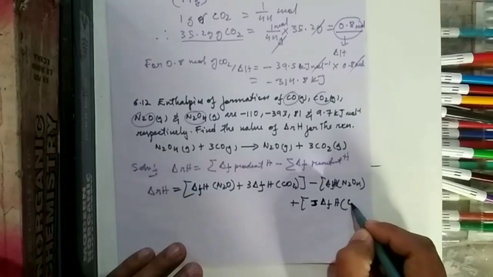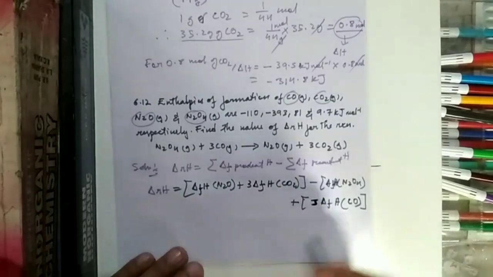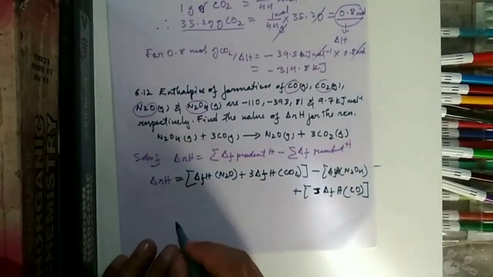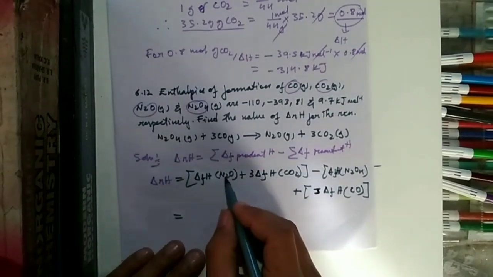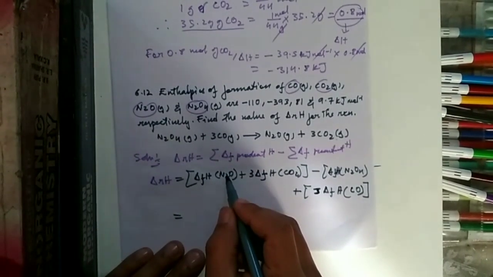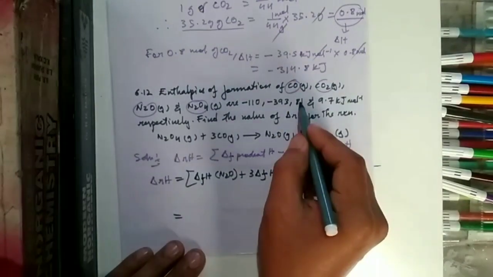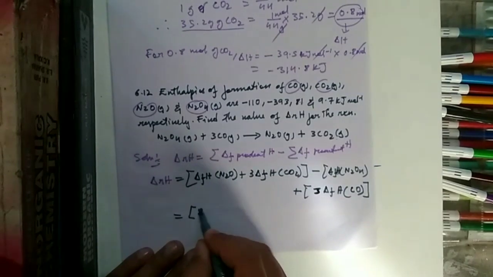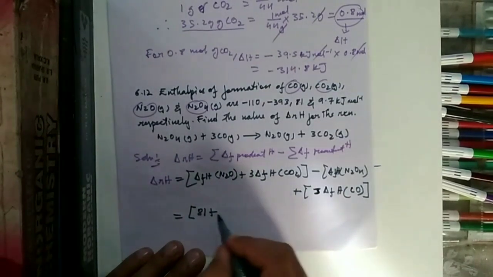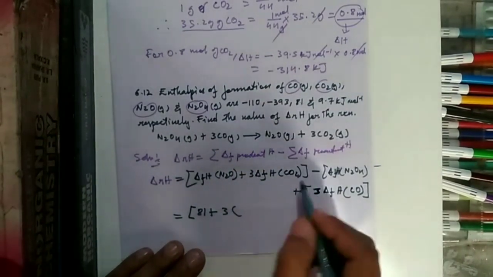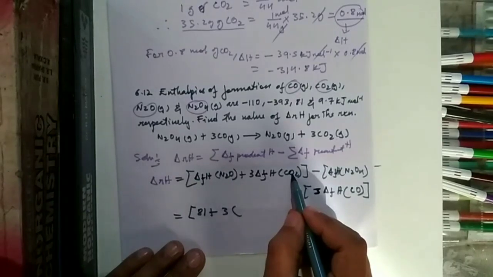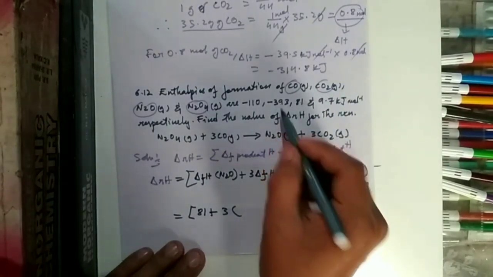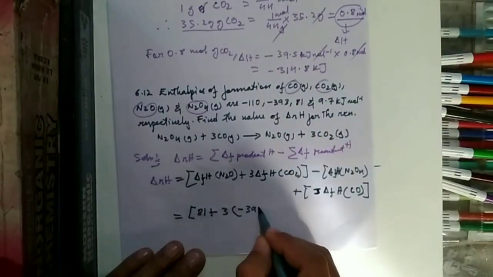So this will be 0. Now in this case, what we are going to do is put the value for N2O. It is 81. So we are just going to write 81 plus 3 into CO2, it's minus 393.